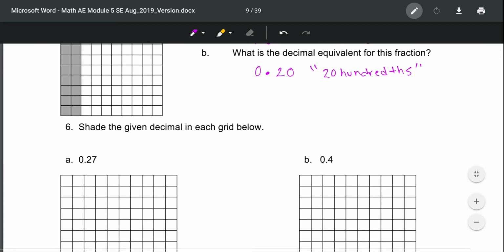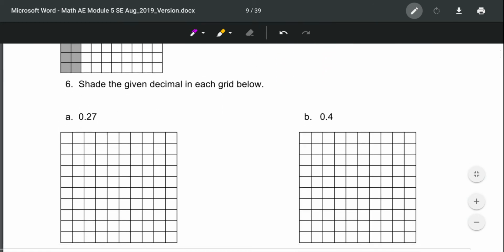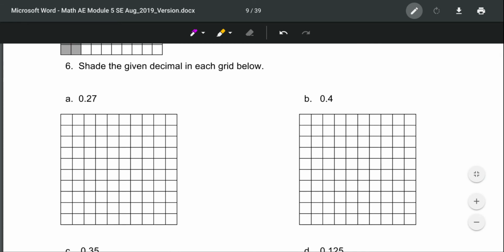Okay, so for number 6, now we're going to shade the decimal that's given to us. So here we have 0.27. Remember that you read this as 27 hundredths. So that means we're going to shade in 27 out of 100 of the units.